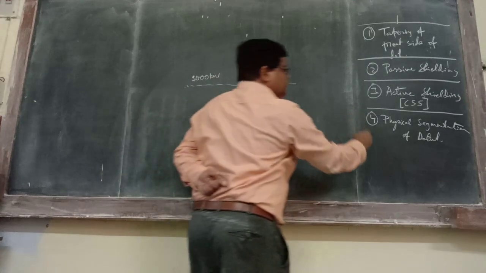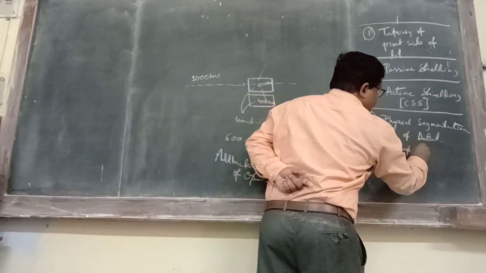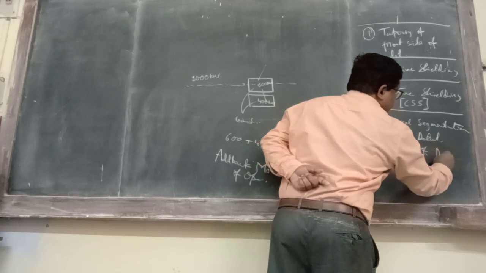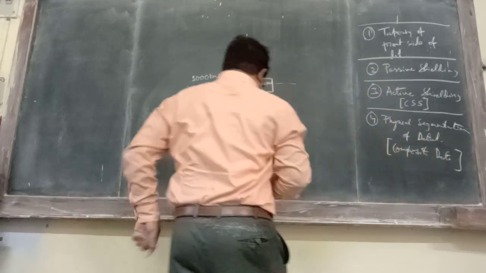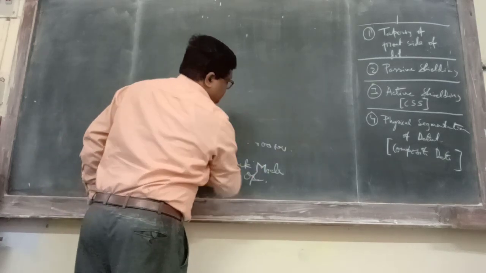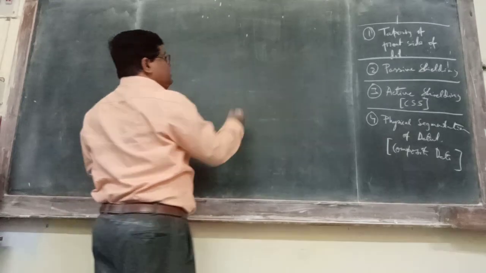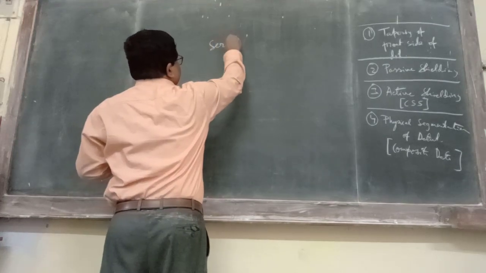And this physical segmentation of the detector is basically the composite detector. Let me show you some examples of how they look. Now we can have series and parallel combinations of composite detectors.